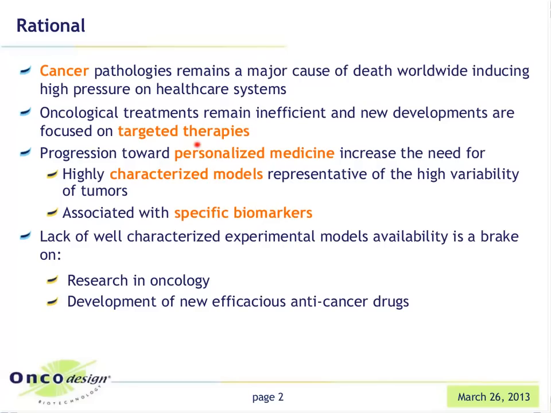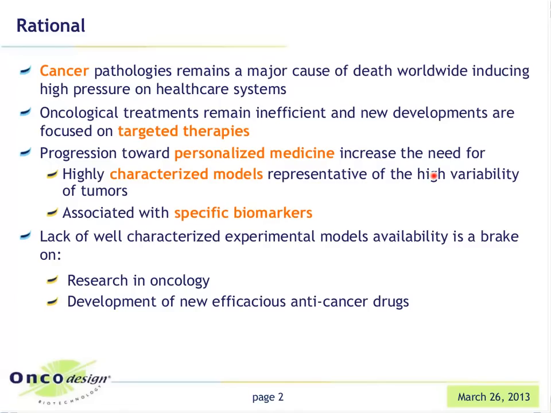on targeted therapies. The main standard now is to go towards personalized medicine, and for this we need highly characterized models that represent the high variability of tumors. And the standard cell lines that we have used for a while now might not be very representative of the pathology and the diversity of cancer pathology.